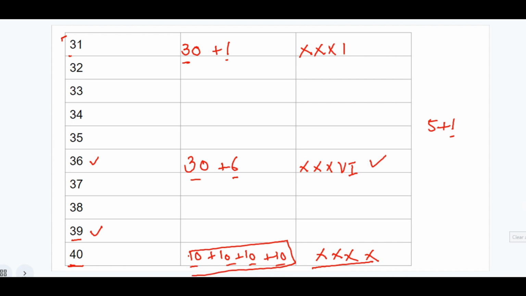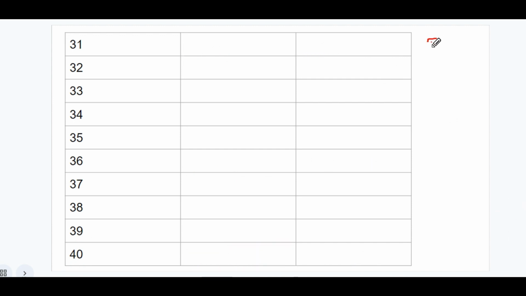You need to go back in your Roman numeral table and you need to find your next number. We have done these numbers, that was 1, 5, 10, and the next number is 50, okay, which is equals to L.